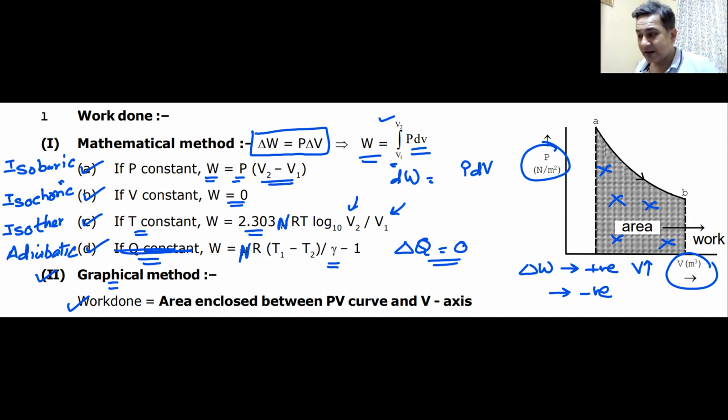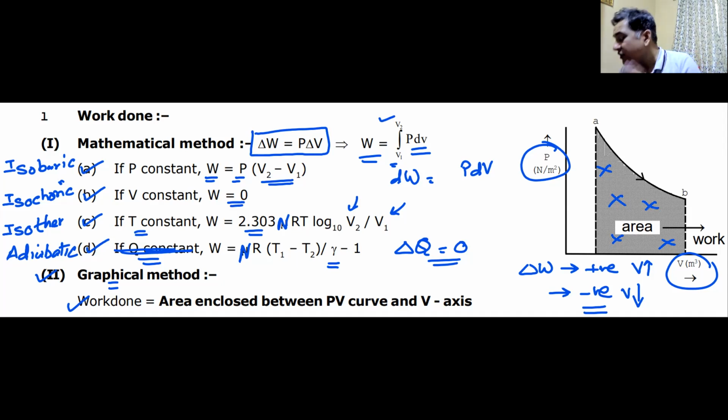Gas is doing work. Work done is taken as positive. If the volume is decreasing, gas is compressing. Remember, gas cannot compress on its own. Gas can expand on its own. If the volume is decreasing, then the work done is negative. If the volume is increasing, then the work done is positive.